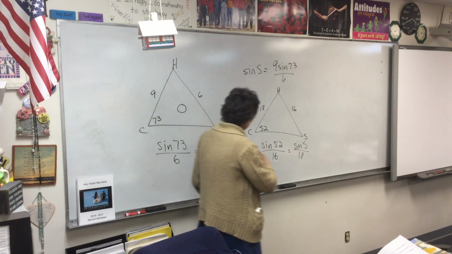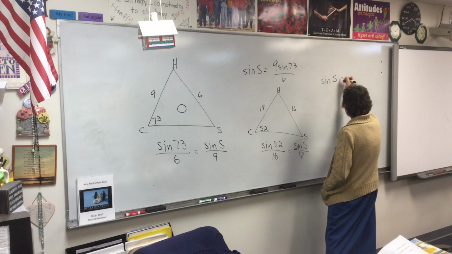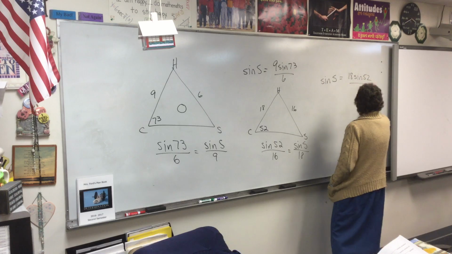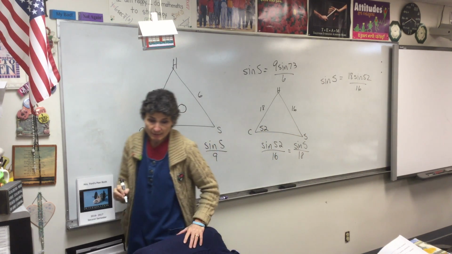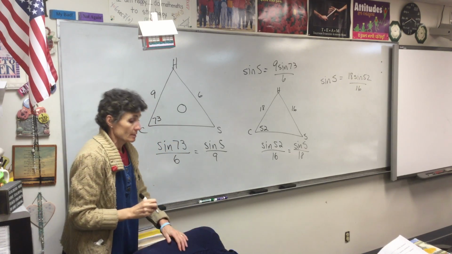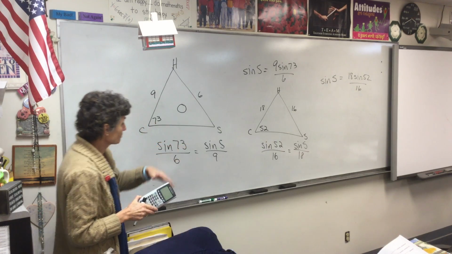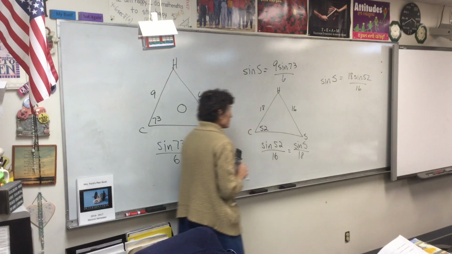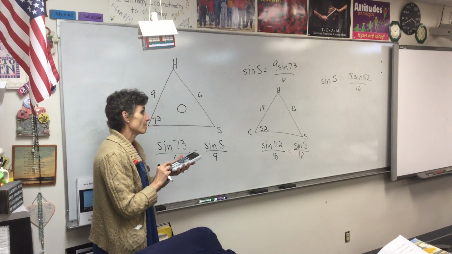Do our cross multiply and all that. And we end up with what we're going to type into our calculator. Okay, make sure you can get that. Cross multiply. This is my law of sines. Cross multiply. Then we get that answer after you multiply all that.